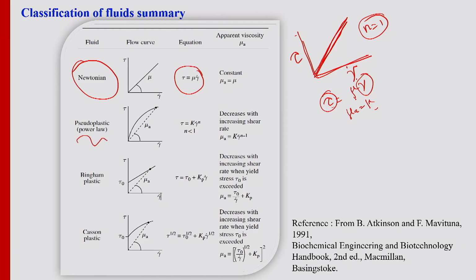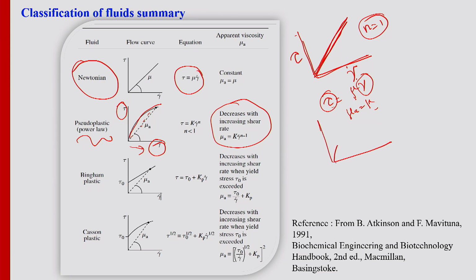The other one we discussed is pseudoplastics, and we also discussed examples of pseudoplastics. Again, same way, this is shear stress tau and this is shear rate. Of course the apparent viscosity comes here, but it behaves such that whenever the shear rate increases, the shear stress decreases.